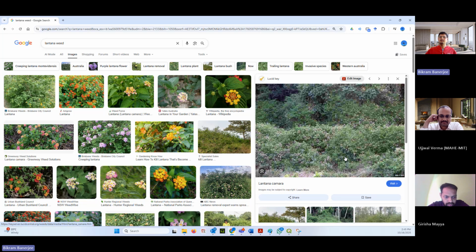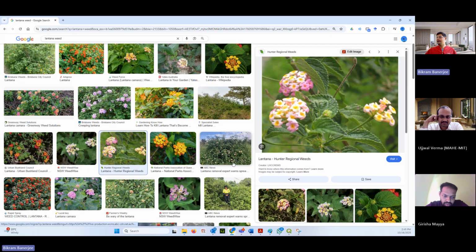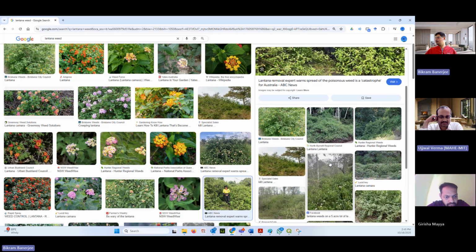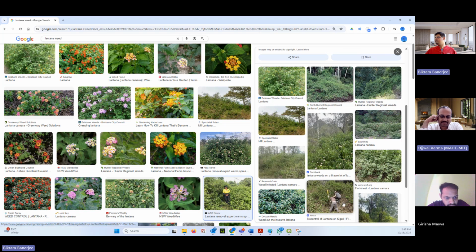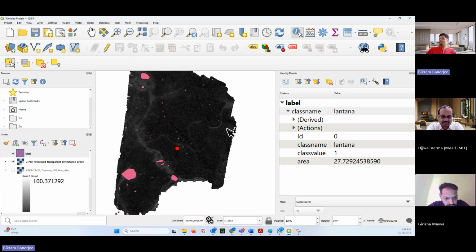It also grows in India. I do not know what it is called there, but it has small flowers like that. Managing it is very hard because it has thorns on the stem. You can see people trying to cut lantanas in their fields, but there are acres and acres of lantanas, so we can't do much. And the other one is tree pear.